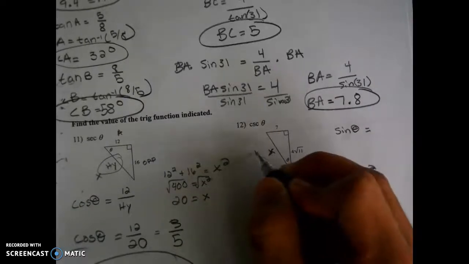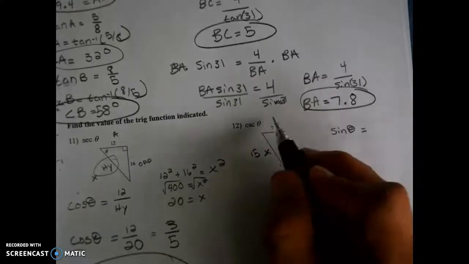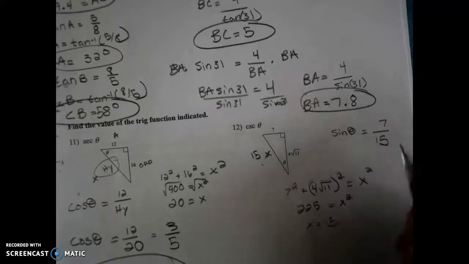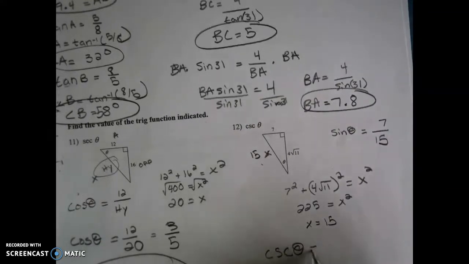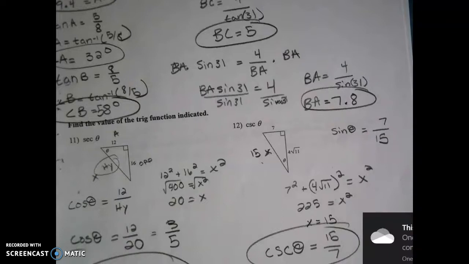Our hypotenuse is 15. Okay, so the sine of this triangle is opposite, 7, over hypotenuse, which is 15. But we need to find the cosecant, so we're just going to flip that. 15 over 7. There we go. There's our answer for that one. Okay, moving on.